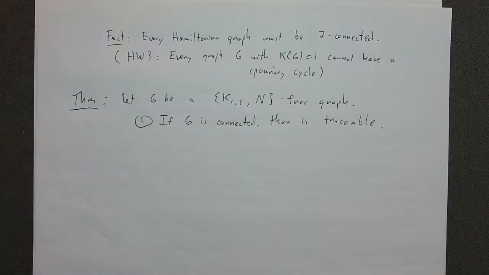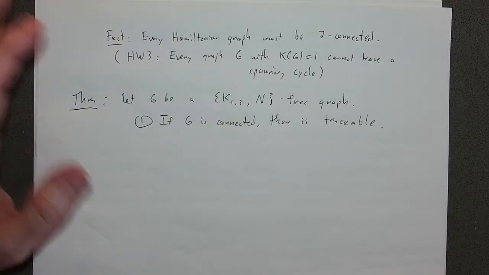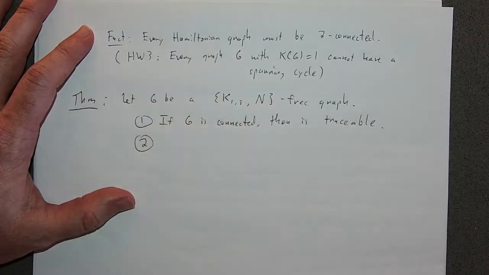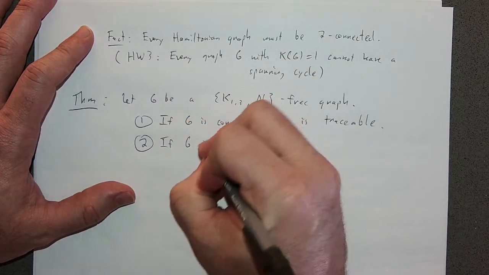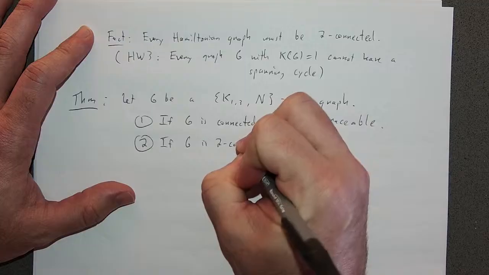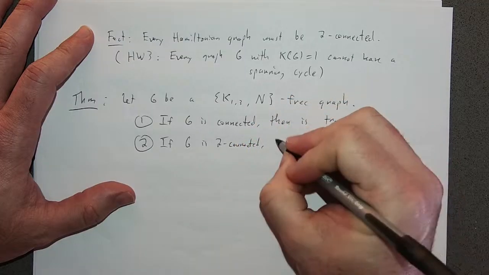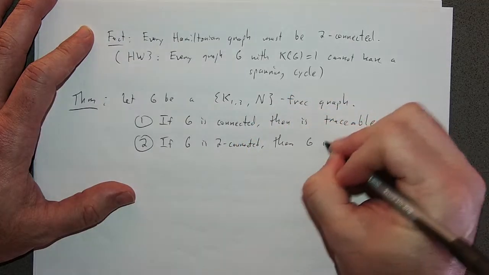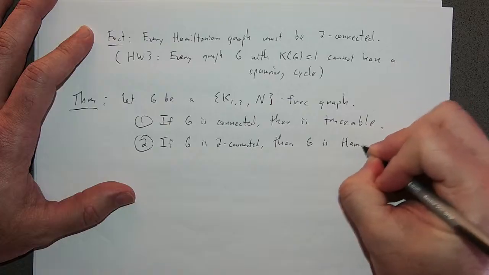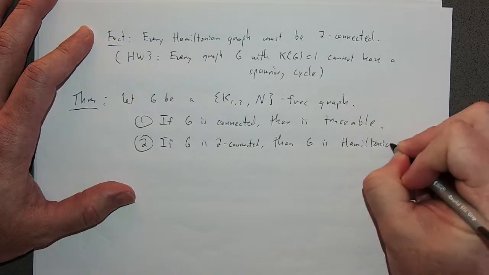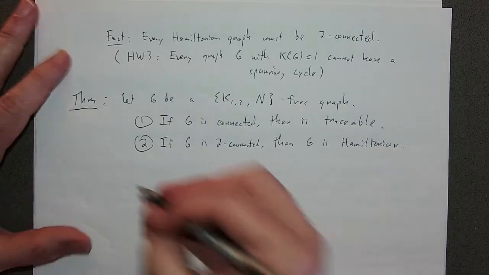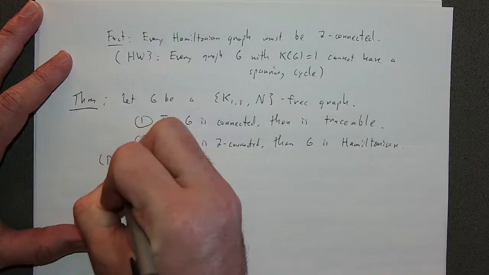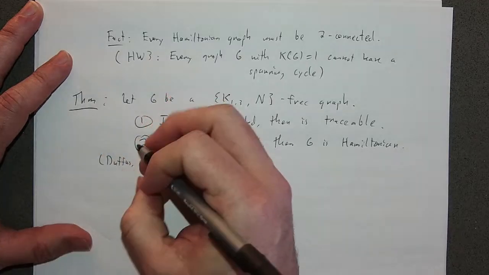Right, this is directly related to Hamiltonicity. And two, if G is 2-connected, then G is Hamiltonian. I'm not going to prove this. This was proven by Duffus, Gould, and Jacobson.